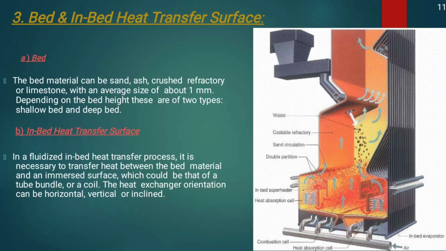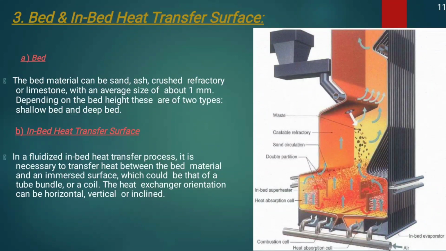Bed and in-bed heat transfer surface. The bed material can be sand, ash, crushed refractory or limestone with an average size of about 1 millimeter depending on the bed height. These are of two types: shallow bed and deep bed. In-bed heat transfer surface.